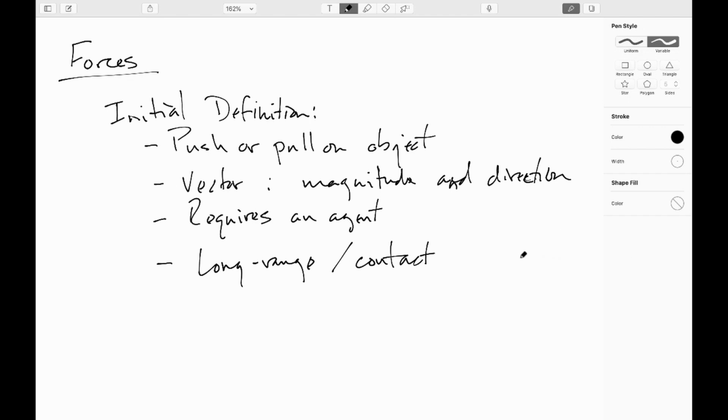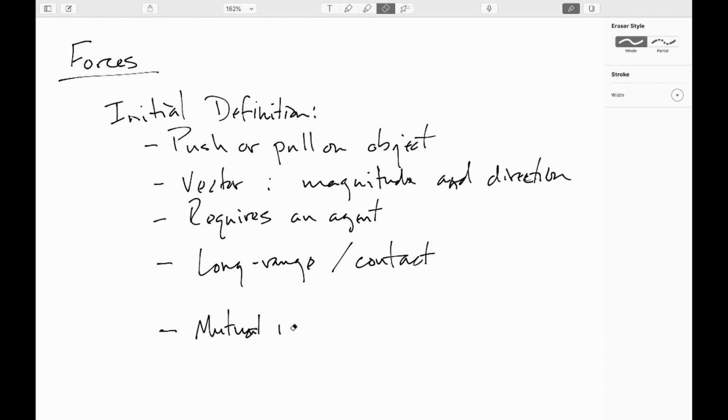But we'll get there. A little more reflection might not be immediately obvious at first, but forces arise from the mutual interaction of objects.